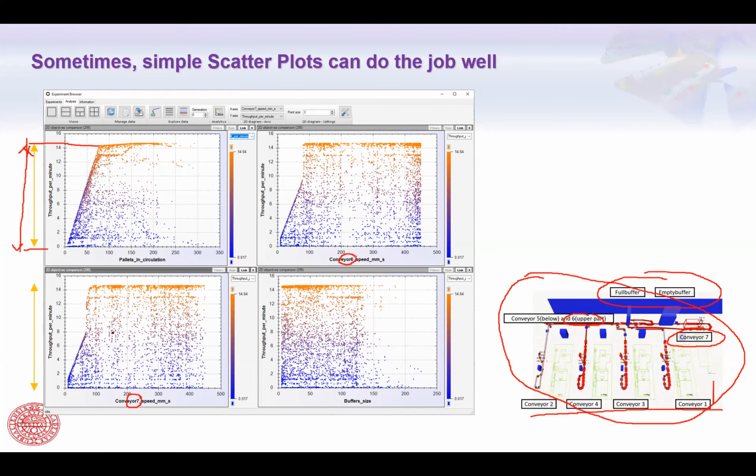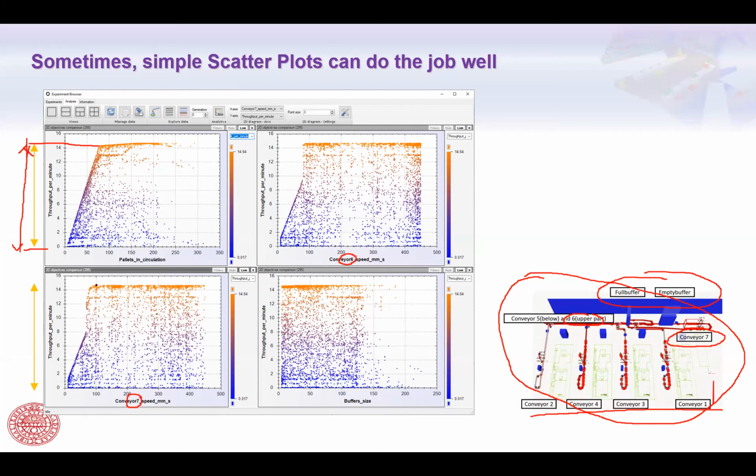But the most interesting aspect to observe is that in the beginning, the improvement of the throughput was gradual, even though it's improving, it's actually not very fast. But suddenly there is a big jump after the conveyor speed reaches a certain level.